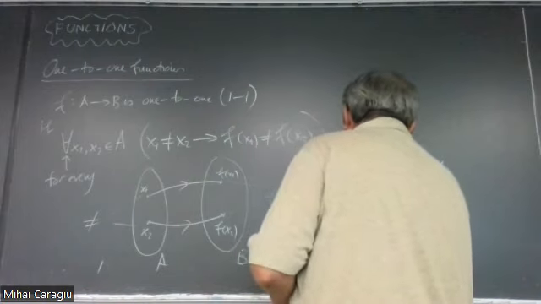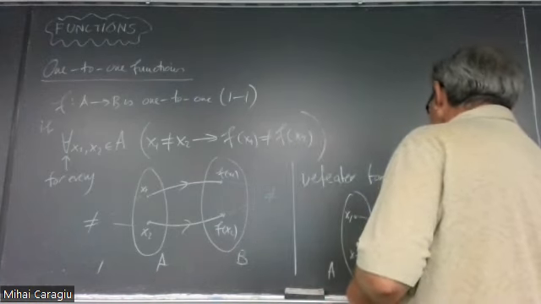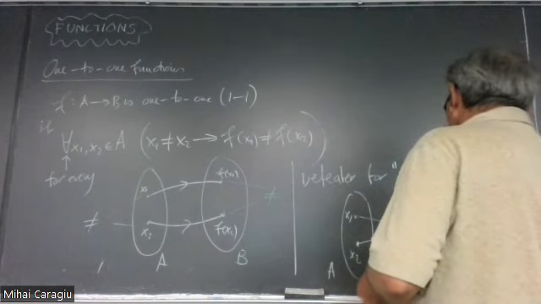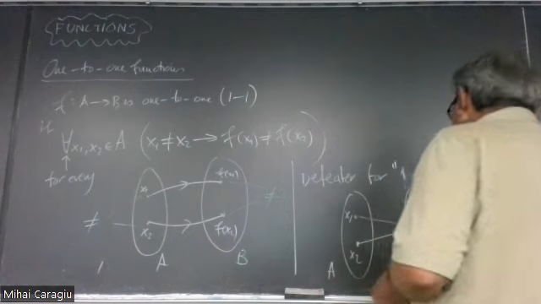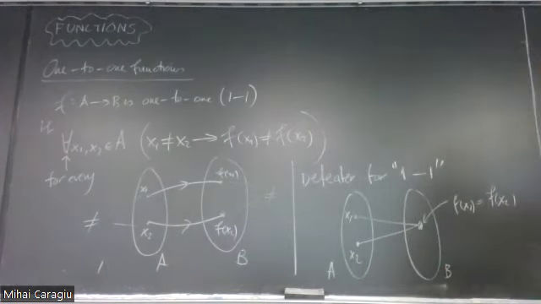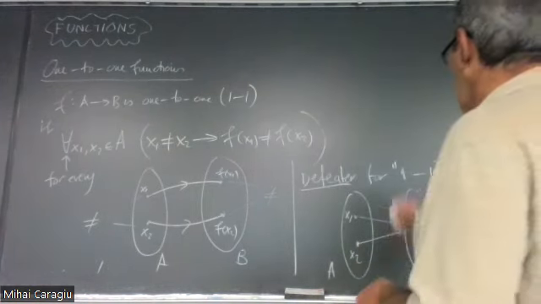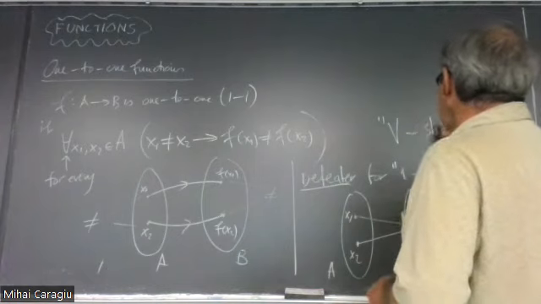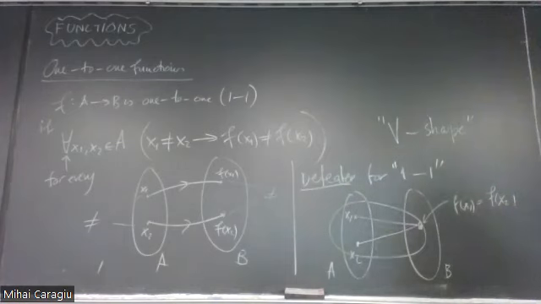X1 and X2, different numbers in the domain, are mapped to the same element in the codomain. That's a defeater. So in this case, f of x1 equals f of x2. So if we see this, then the function is not one-to-one. That's why it's called a defeater. If we see this pattern like a V shape, this V shape is a defeater for one-to-one. So if you see this V shape, the function is not one-to-one. If we don't see this V shape and it's a function, then the function is one-to-one.